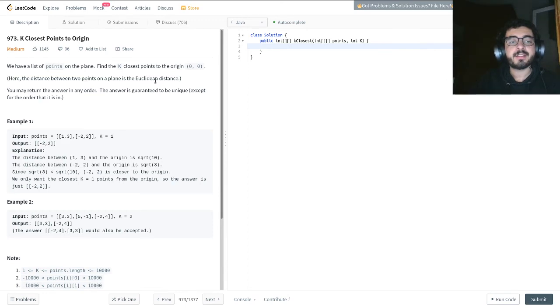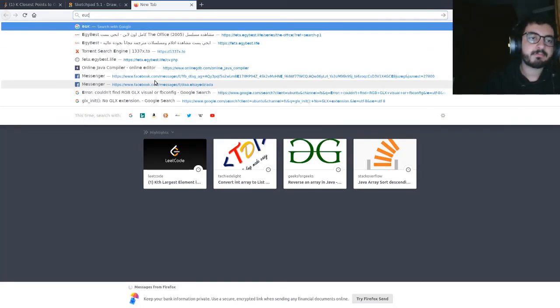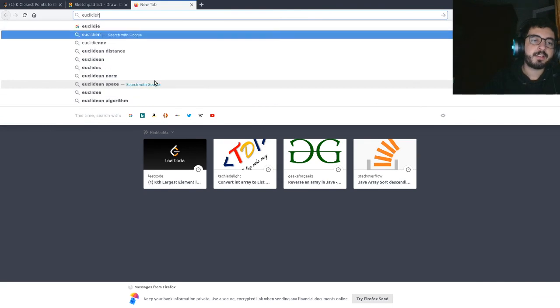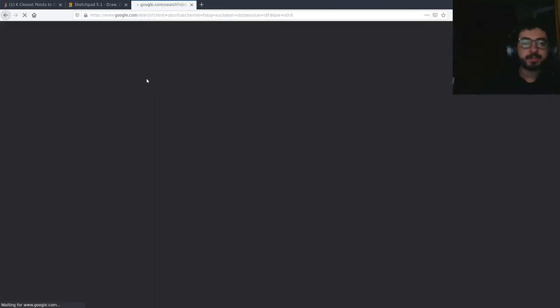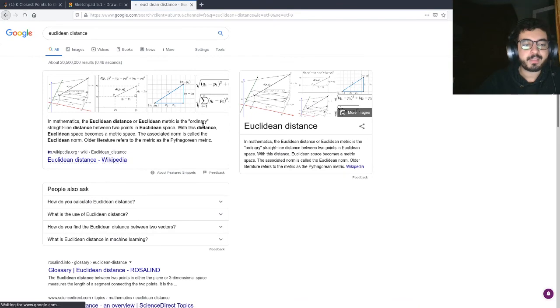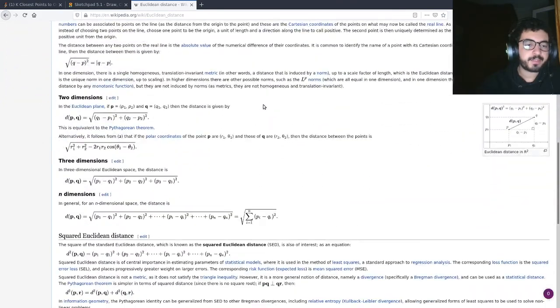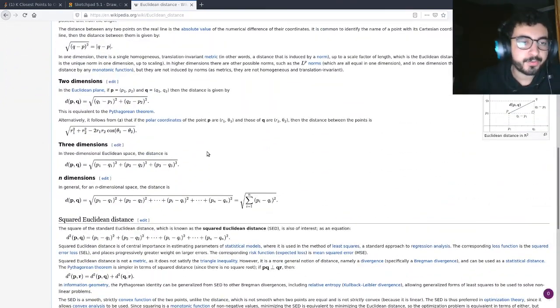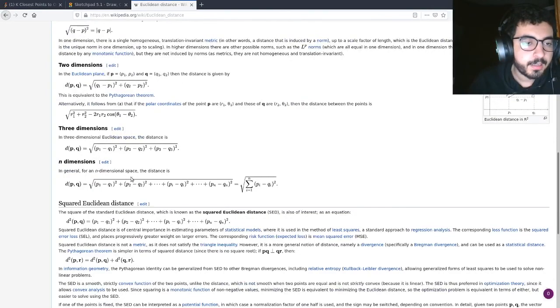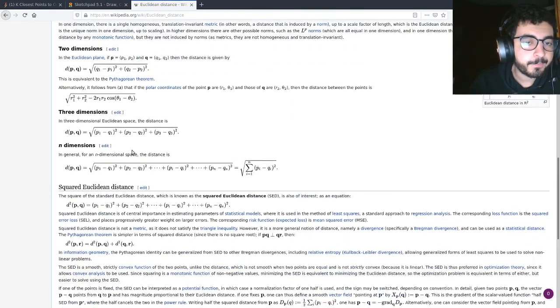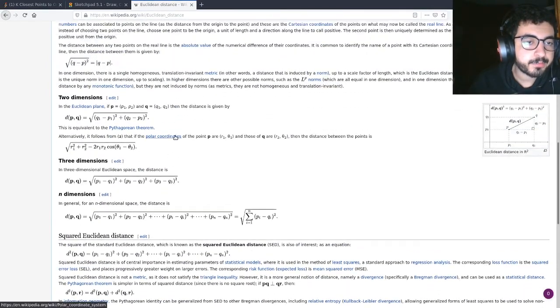Well, I don't remember what Euclidean distance is, so let's just search for it, as you should if you tackle a problem where you don't understand something. I basically remember it, but I want to make sure that I know the format in a correct way.